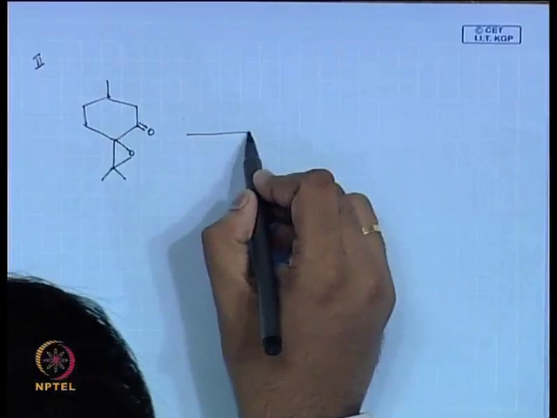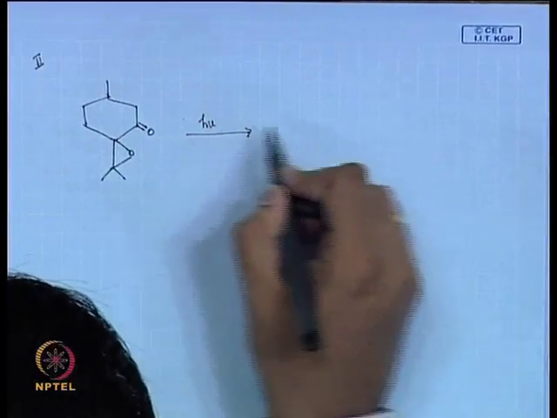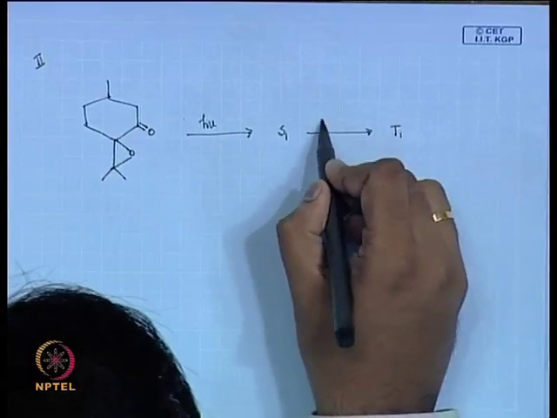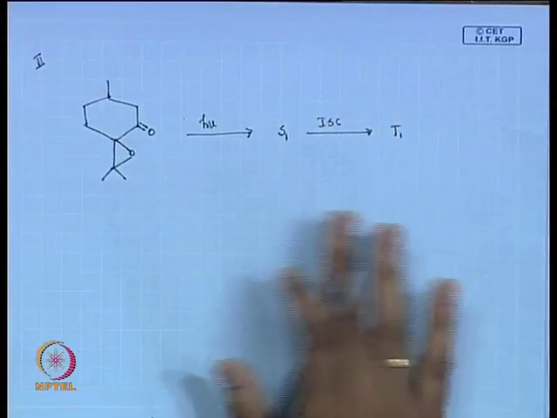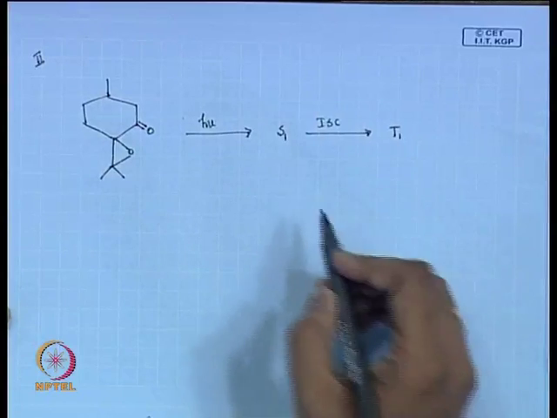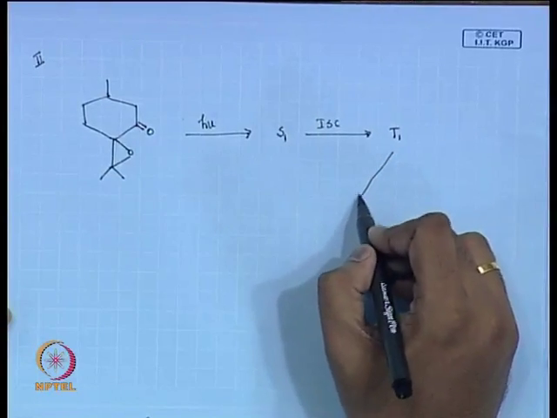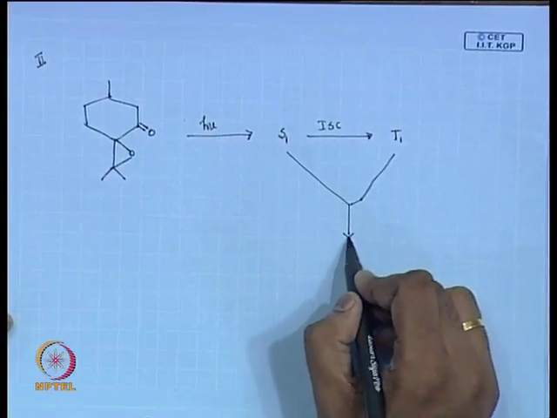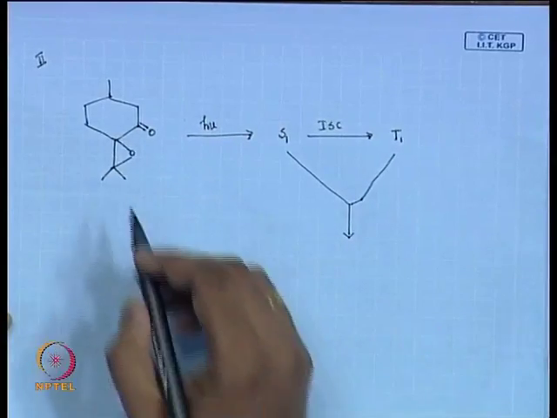So, as I said, once I photolyze, it goes to S1, then you can get intersystem crossing to T1. The photochemistry can happen from both the states, predominantly from S1 and T1. So, you can then get your beta cleavage.